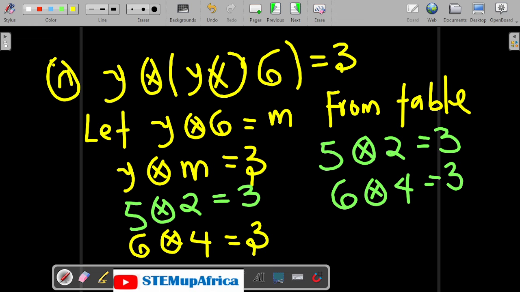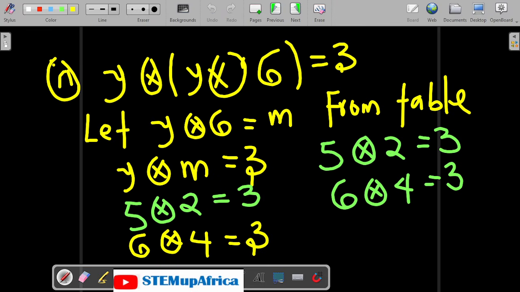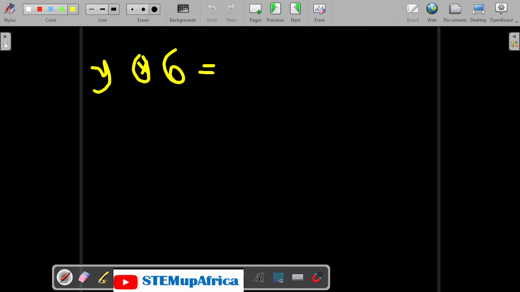Okay, so let's recall what y can multiply 6 to give us m. So my m could be 2, my n could be 4. So we are going to have y multiplying by 6. Let's say the first value of m is 2. So what number multiplies 6 that gave us 2? Let's check the table.